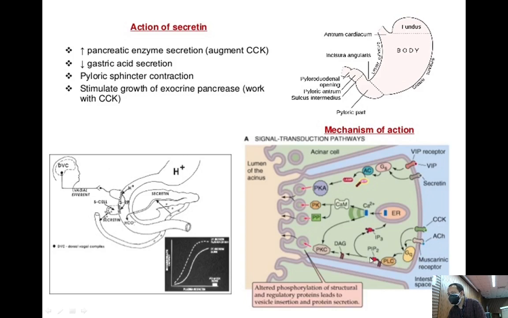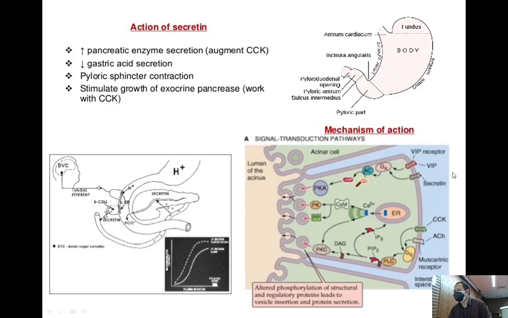Phosphoinositol diphosphate is phosphorylated, resulting in the formation of inositol triphosphate and diacylglycerol that eventually activate protein kinase C. This altered phosphorylation of structural and regulatory proteins leads to vesicle insertion. So this vesicle is inserted here and results in secretion of proteins or enzymes. In this case it will be all the pancreatic enzymes.